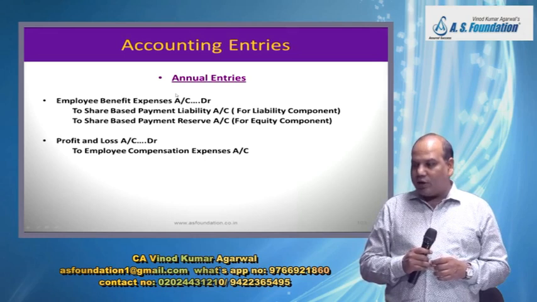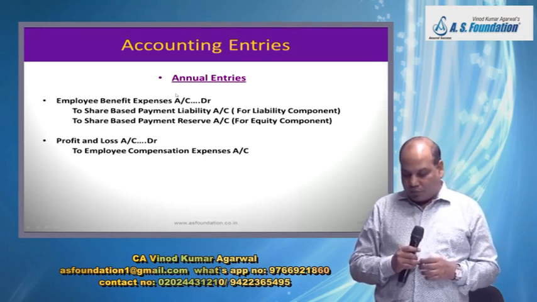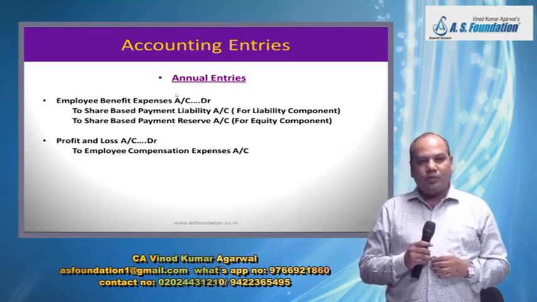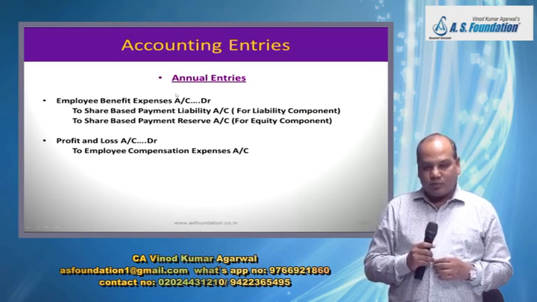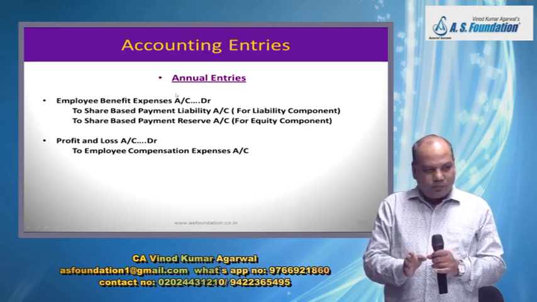And then second entry you write every year: P&L account debit to employee compensation expense account. This entry will pass every year.